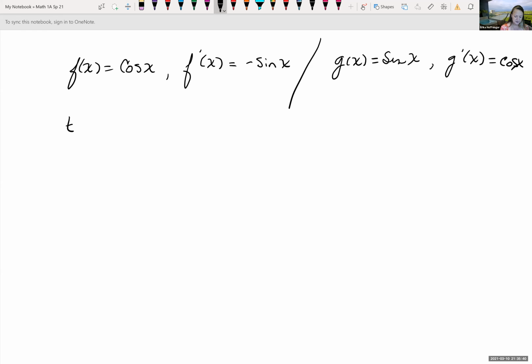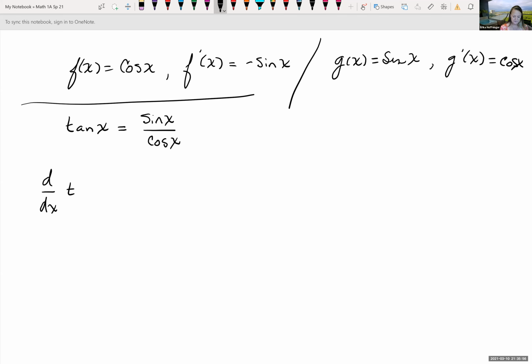So if I look at, for instance, tangent of x, I know tangent of x is the same thing as sine of x over cosine of x. So if I want to find the derivative, so d dx of tangent of x, I need to use that quotient rule. So let's just write out the quotient rule again.